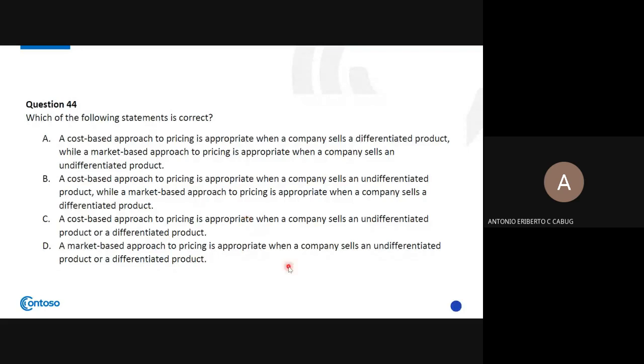Okay, so what is the correct statement? Enter your answers now. Go, everyone, please enter.